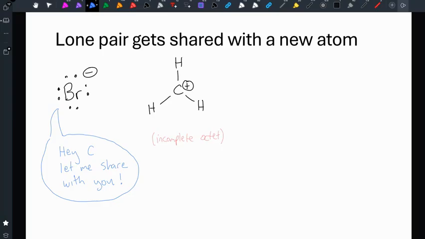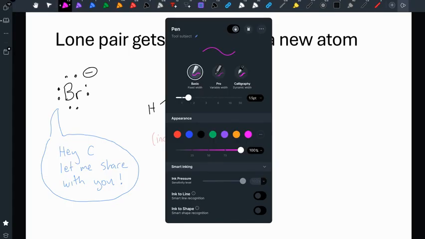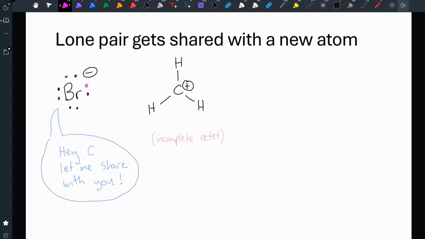So I'm just drawing them there to show you my thought process. And when we do that, I'm going to highlight the lone pair that I'm going to share. I'm going to draw an arrow from this lone pair to this carbon atom. All right. I give my arrow a little curve.